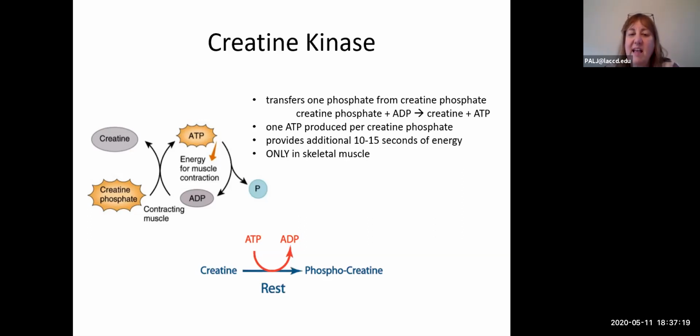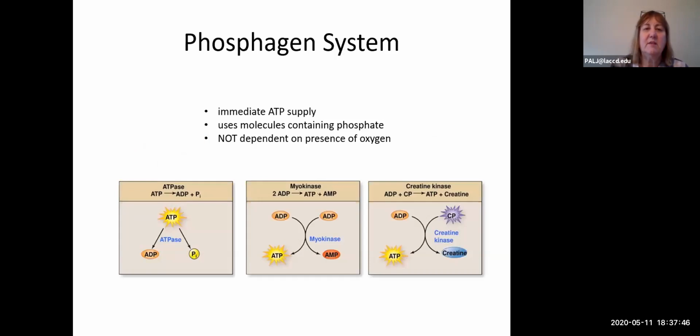But then in exercise, the creatine phosphate with the creatine kinase will regenerate the creatine molecule and give us ATP. So at rest, we're using the enzyme to make creatine phosphate, and at exercise, we're using the enzyme to form creatine. All right, so now we have our three enzymes.